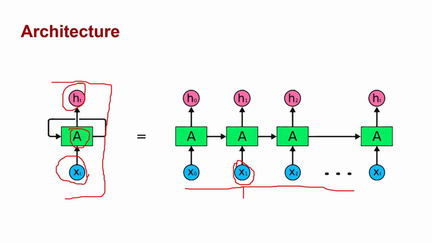When it is processing, it takes the input from the previous state and gives us an output h1, and likewise it goes on. So this is useful when we have a sequence of data, or when the data is sequential in nature, one after the other. So let us look in detail.